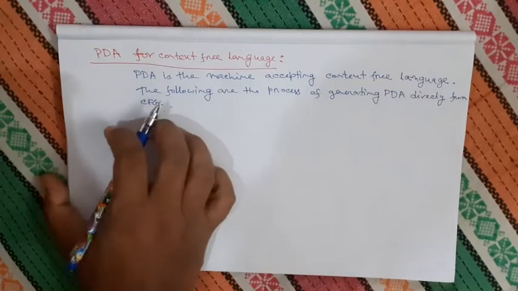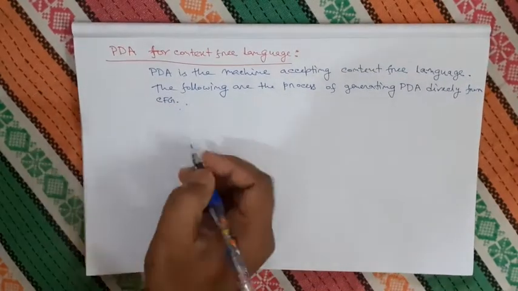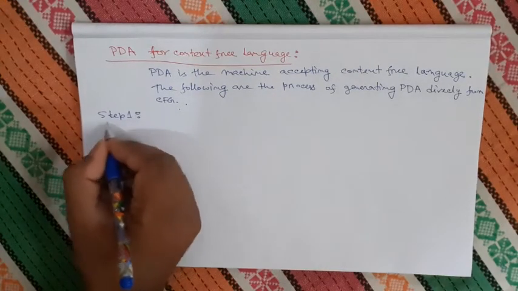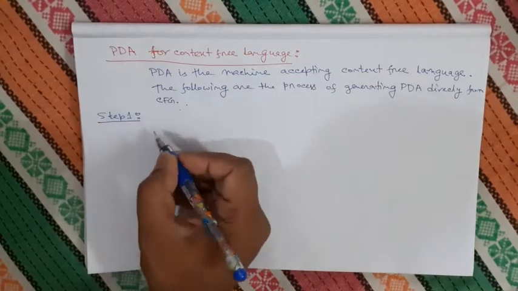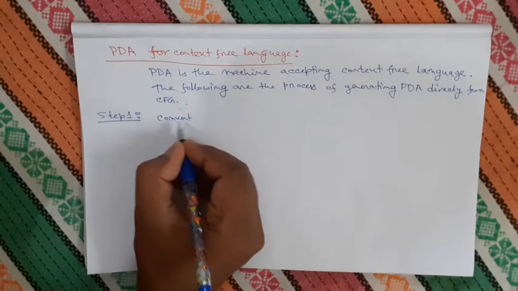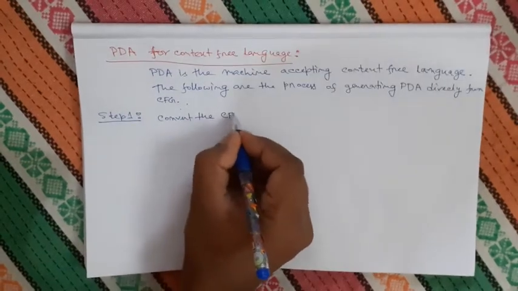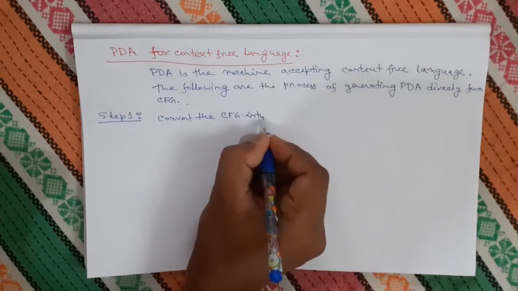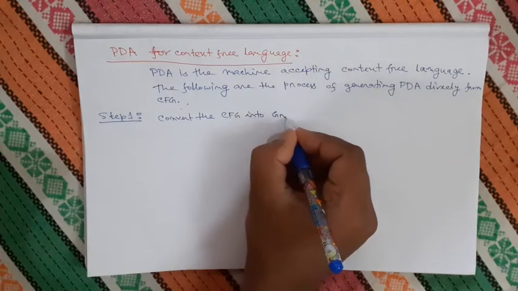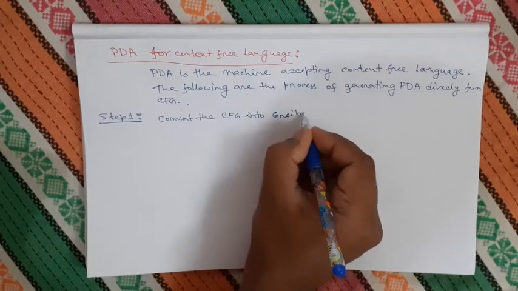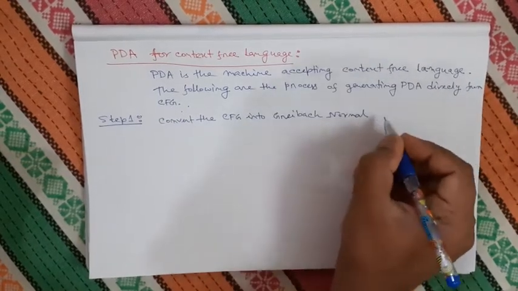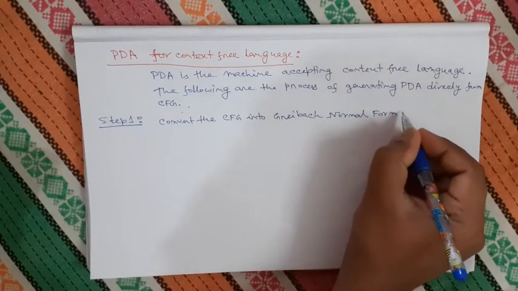directly from CFG. So what are the processes? First is step 1. First convert the CFG into Greibach Normal Form, means GNF.